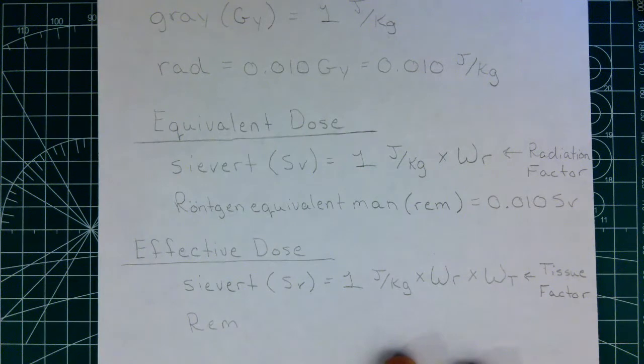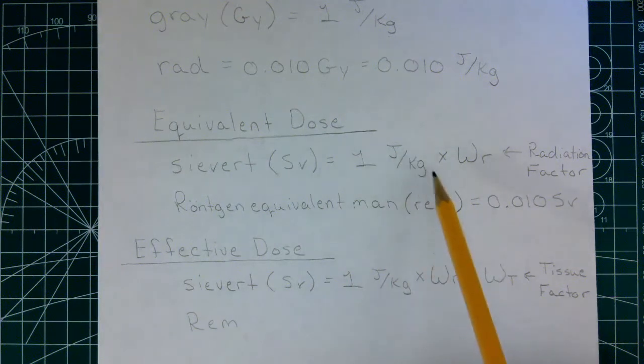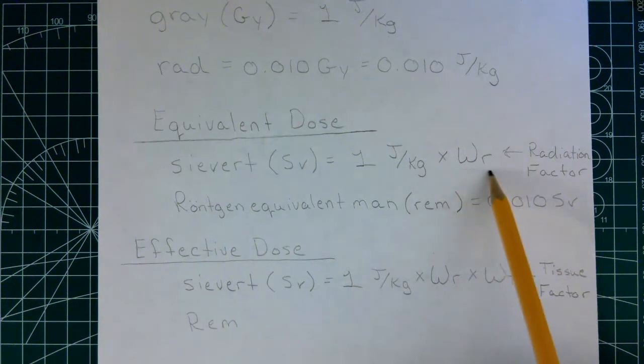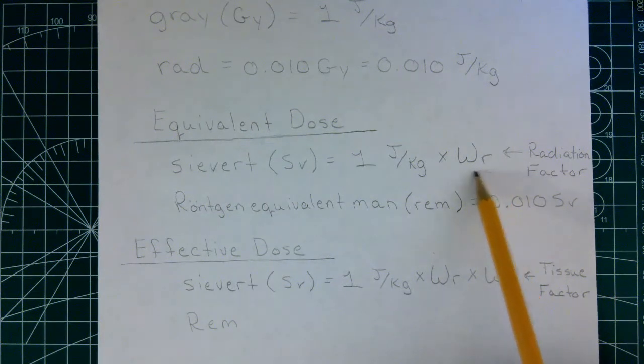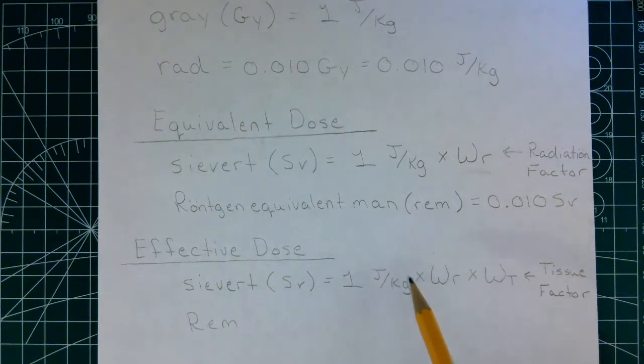They're sieverts. And basically, it's the same as a gray. It's how much energy per kilogram of radiation you're absorbing times this radiation factor. And this radiation factor is different for the different types of radiation that you're absorbing and takes into account how dangerous they are for you.